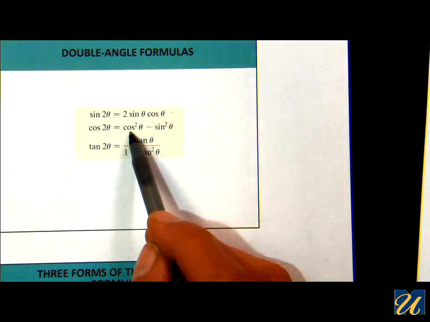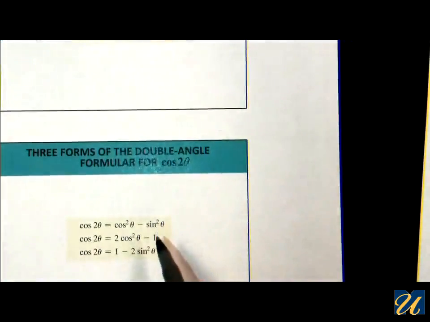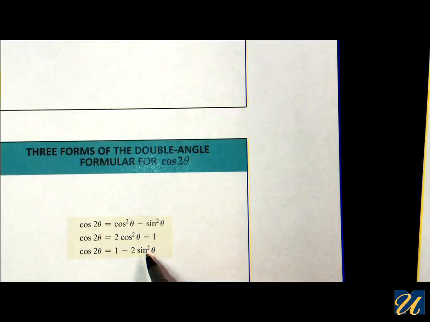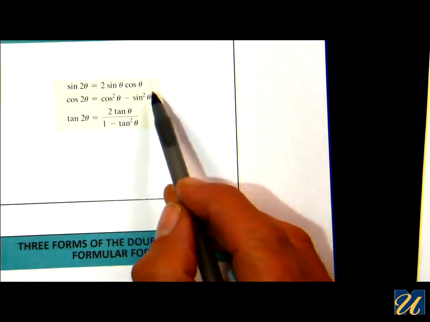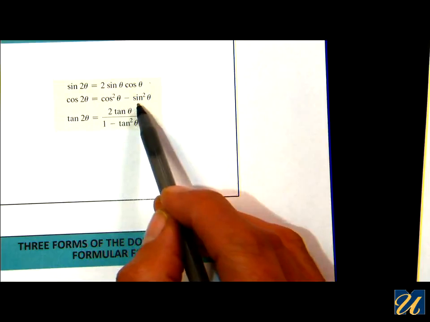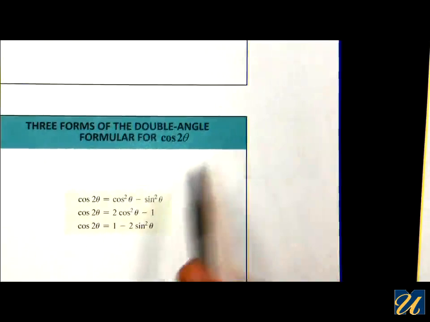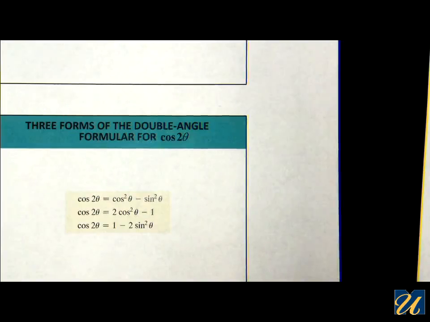But we have a square here, which we can replace with the Pythagorean identity, 1 minus sine squared, and that would give you this identity down here at the bottom. Or we could take this and, carefully, because there's a minus sign in front, replace sine squared with 1 minus cosine squared, and in 2 lines you'll quickly have this one derived. So there are 3 versions of the cosine of a double angle.